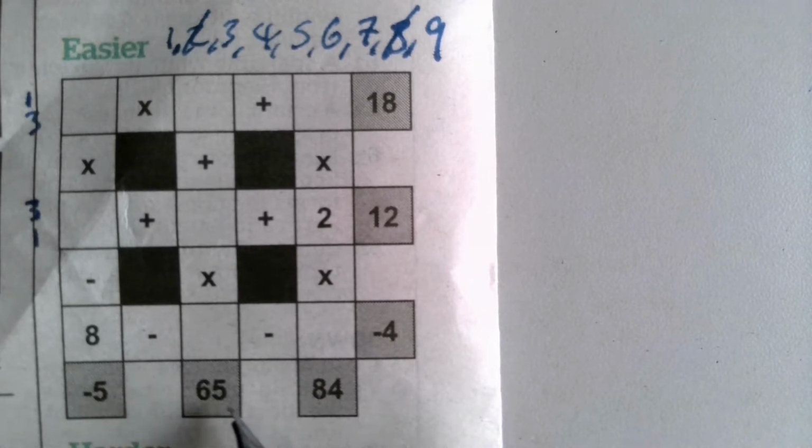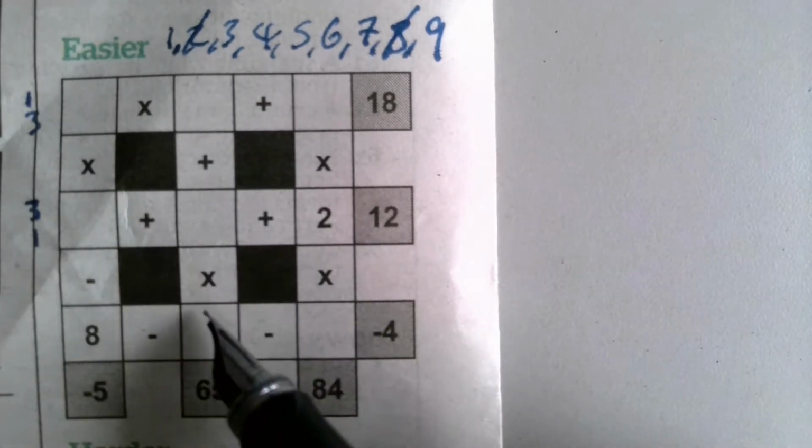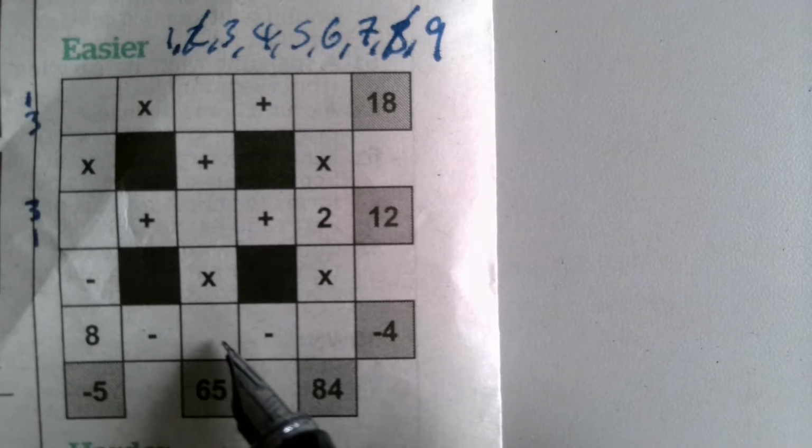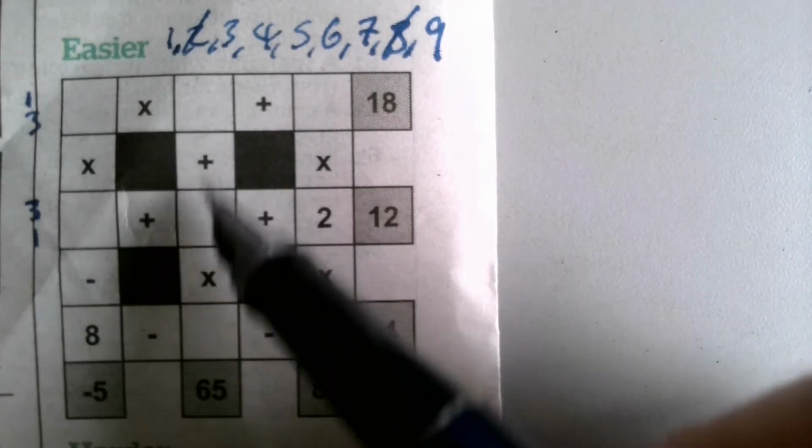How about down here? Anything ending in a 5, I'm thinking we're quite possibly going to be multiplying by 5 there, and those two could add up to 13, because 5 times 13 makes 65. So I'm thinking these two numbers probably add up to 13.